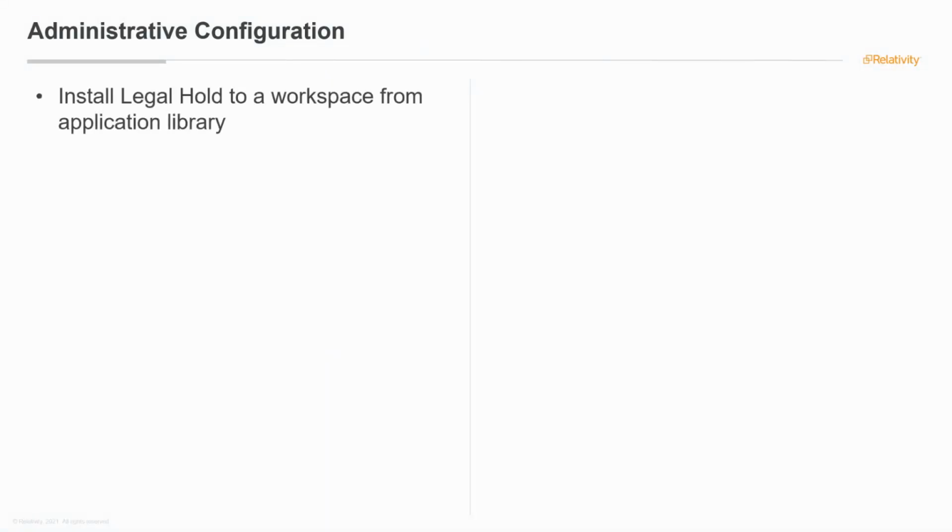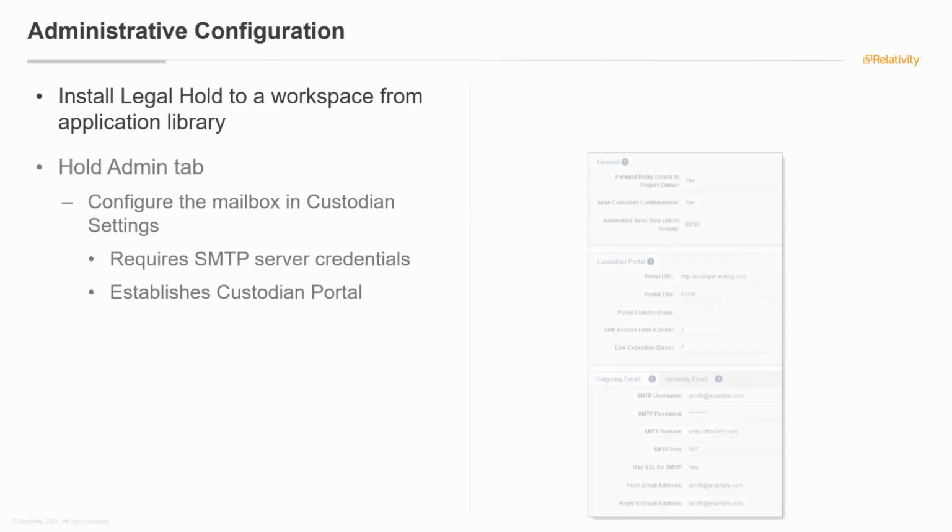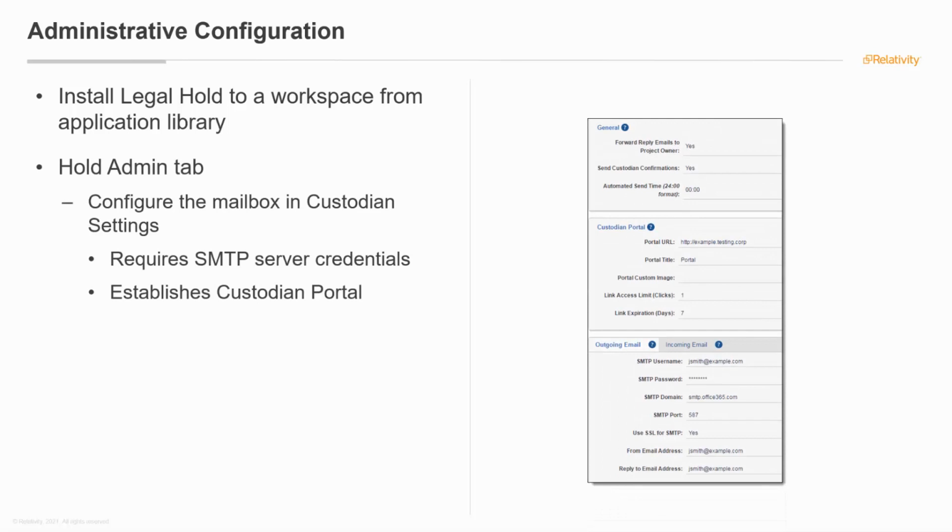First, the legal hold application included in the Relativity application library has to be installed to a workspace. So that's the first part of the setup. Once installed, you'll want to head to the Hold Admin tab, and from this tab, you can configure the mailbox settings in the Custodian Settings tab. You will need to access your SMTP server for this, and these settings determine the custodian portal.